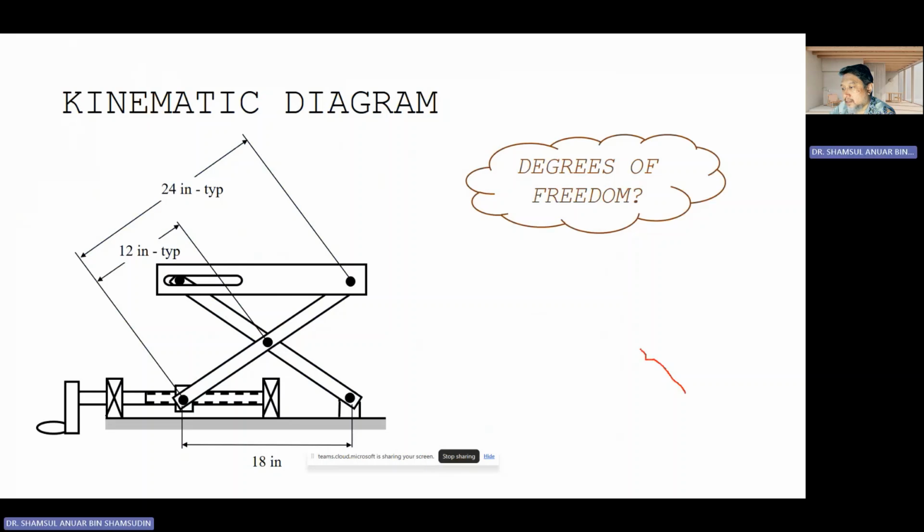It has here like that, and here we have a pin or revolute joint, then another link for the second part, and then this part needs to go on the way.